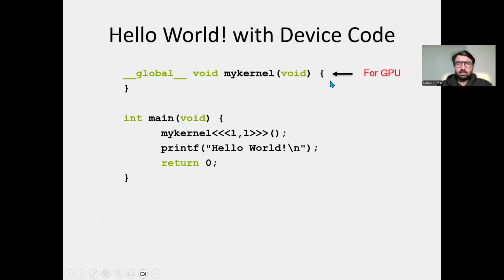If you define a function like this, then the compiler knows that it should run on GPU. And there is something called kernel launch. This is a way to launch a GPU kernel in which these two numbers define the number of groups and number of threads, which we'll talk about later in more detail.